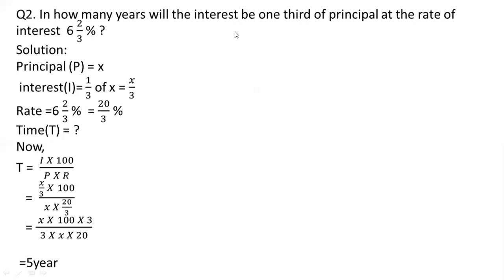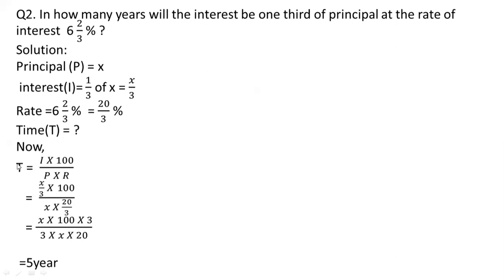And here suppose the principal is x, and interest I equals, as it is given clearly, interest will be 1/3 of the principal. That means 1/3 of x, that means x by 3. Rate 6 whole number 2 by 3 percentage means 20 by 3 percentage. Then time equals what?